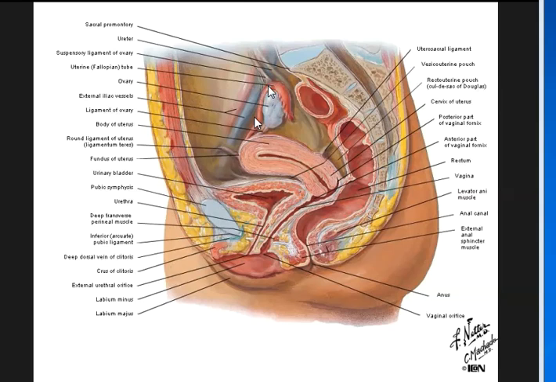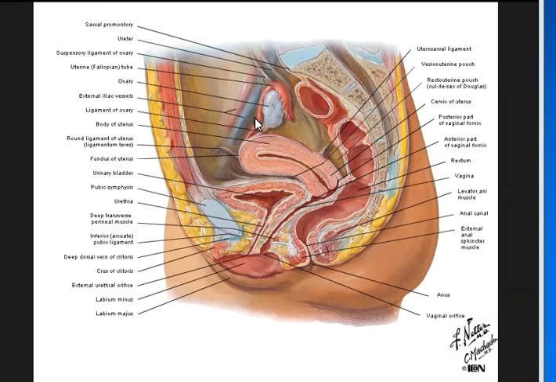By this it reaches the anterior border of the ovary, supplies the ovary and uterine tube, and finally anastomoses with the uterine artery. So the arteries that supply the ovary are first the ovarian artery, and second the uterine artery. The uterine artery gives some branches which reach the ovary through the mesovarium.